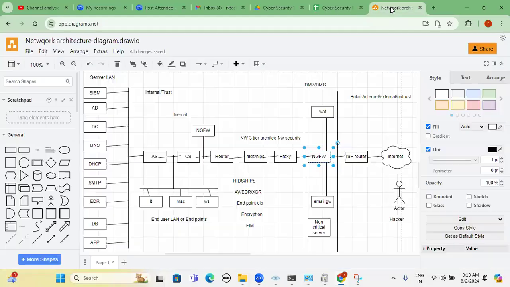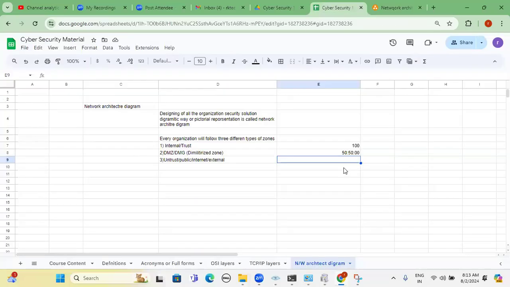And untrust is the public road. Everybody can walk there. Can we go and scold anyone in the public? No, right? So from the score point of view, it's 0.